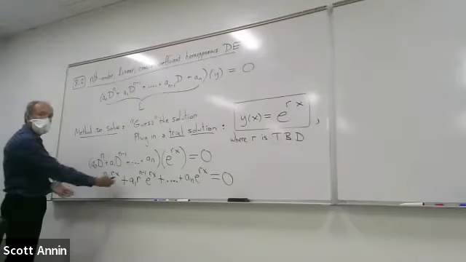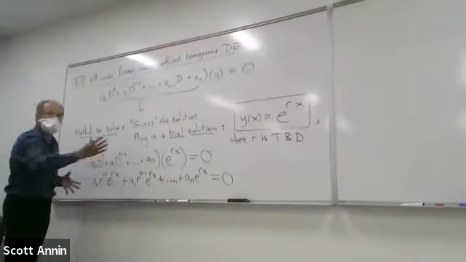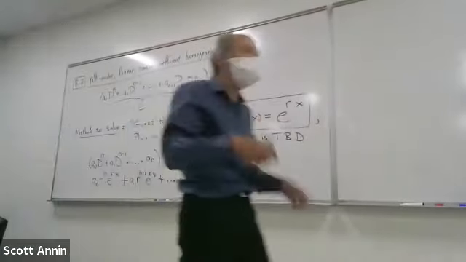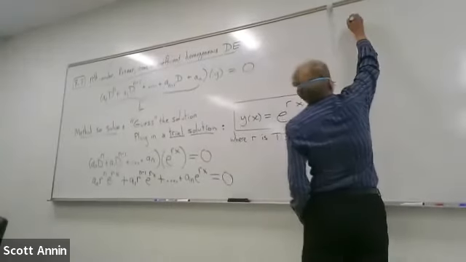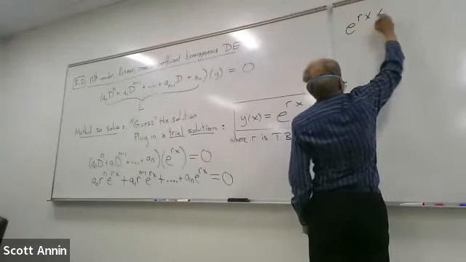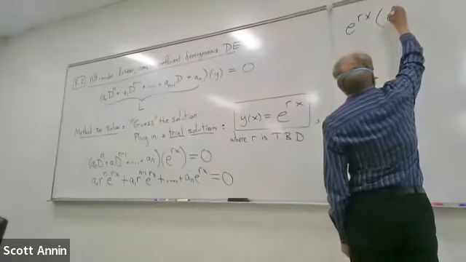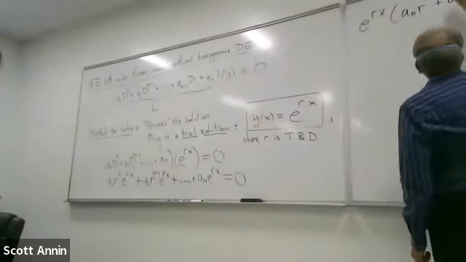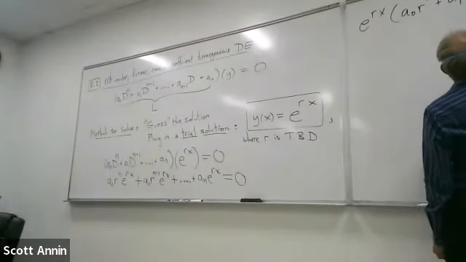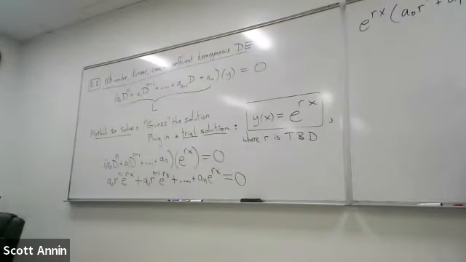Now, if you look at what's on the bottom of the board here, what jumps out at you that would be a natural step to take next? Right, we can factor the e to the rx out of that. So let's just do that. That's just algebra, right? So I factor that out, I get a0 r to the n plus a1 r to the n minus 1 plus dot, dot, dot plus an, and then all of that is still equal to 0.